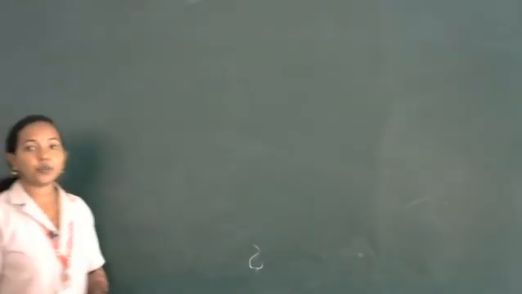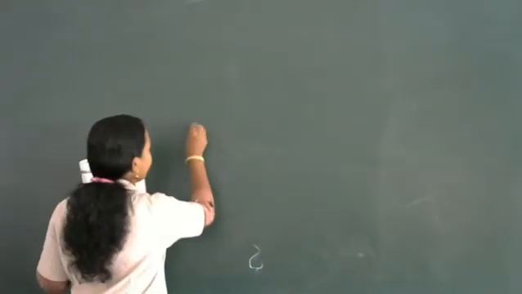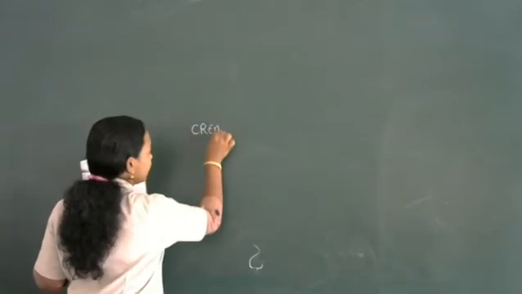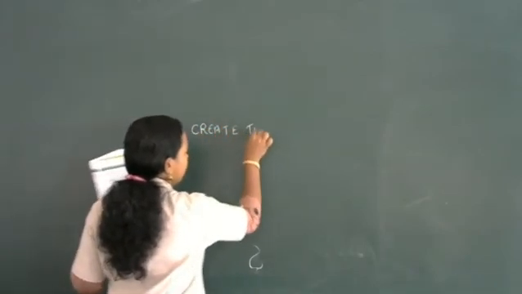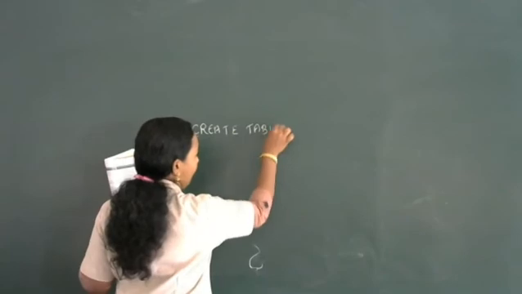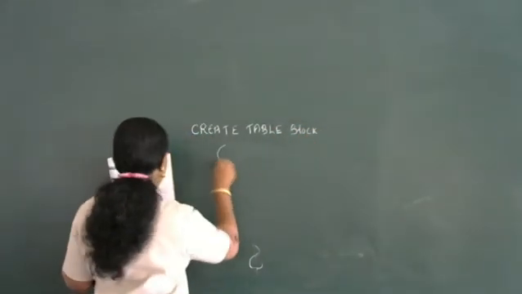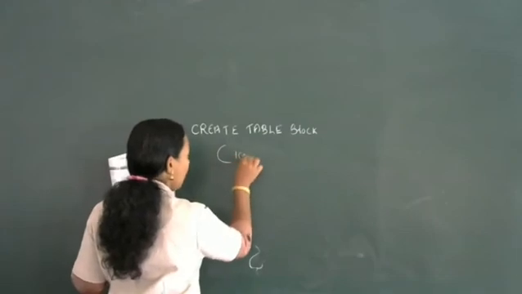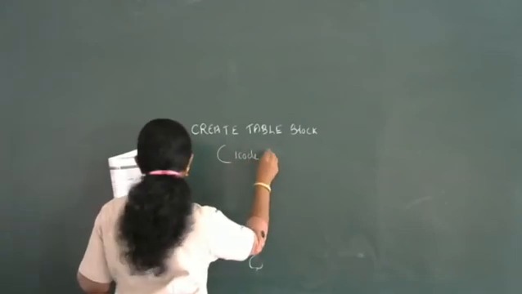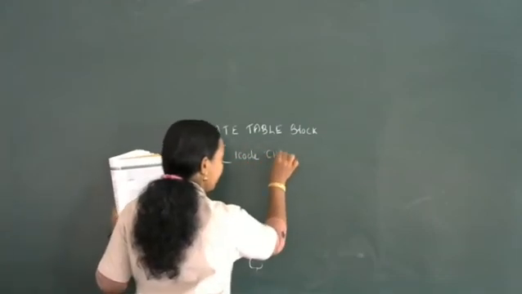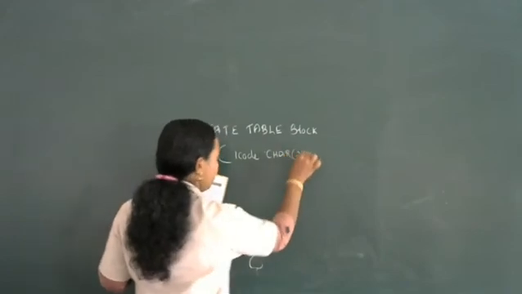Next I am going to write the stock table. Create table stock, parenthesis, I code, that means item code, char 2. Only 2 characters present.